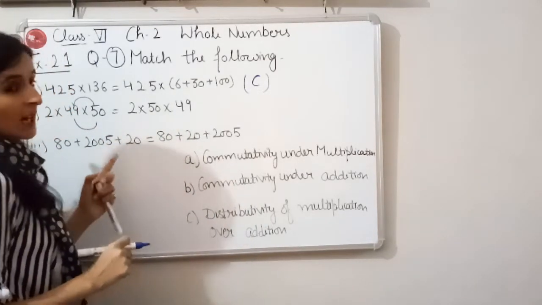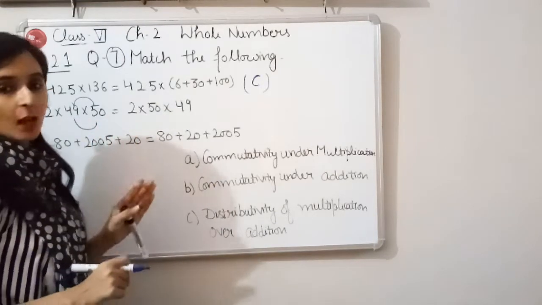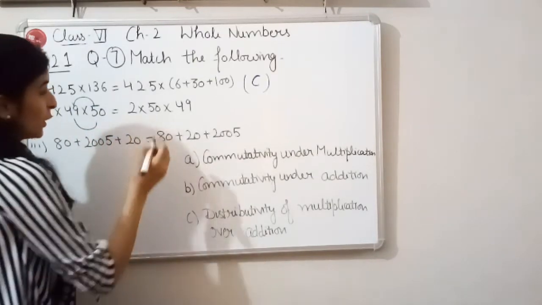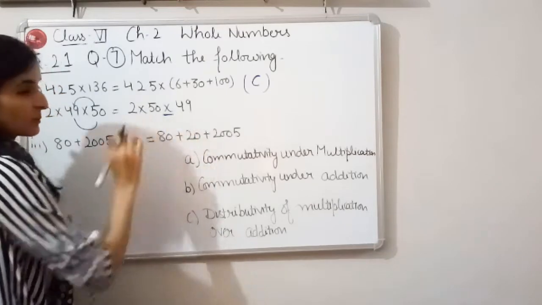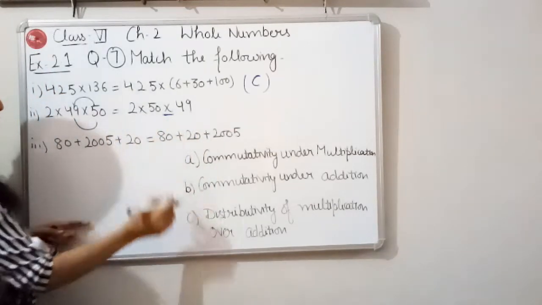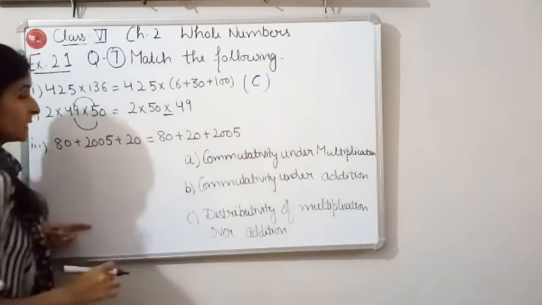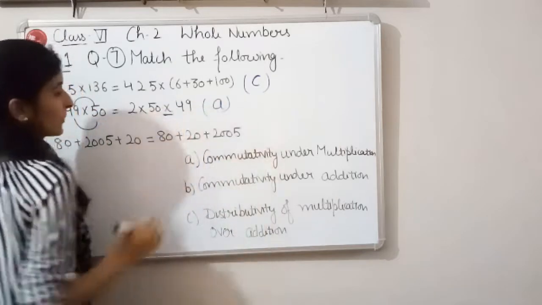So it means we have changed the places here. It means we have used commutative property here. But this commutative property is for which operation? Multiplication, because there is multiplication sign here. So commutativity under multiplication will hold for this second part. So this will be A.